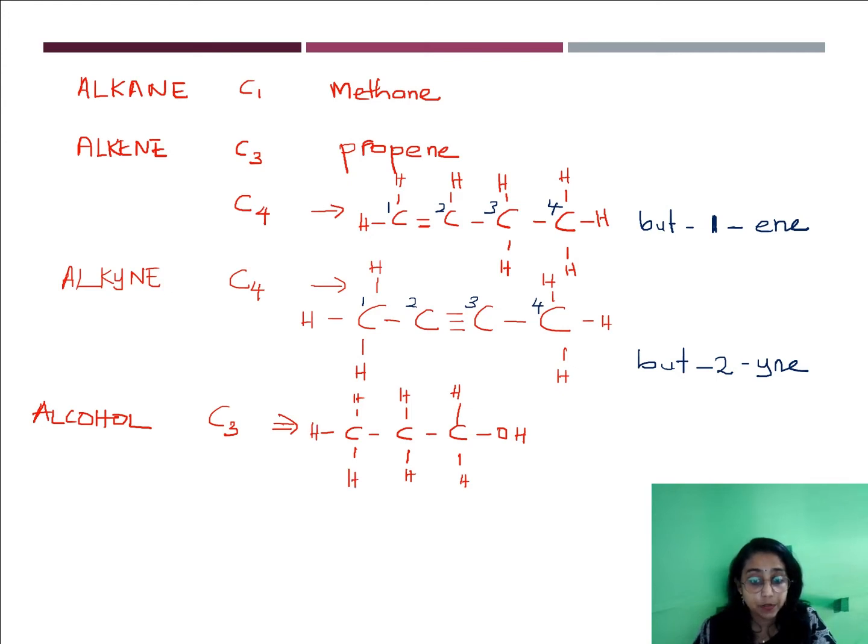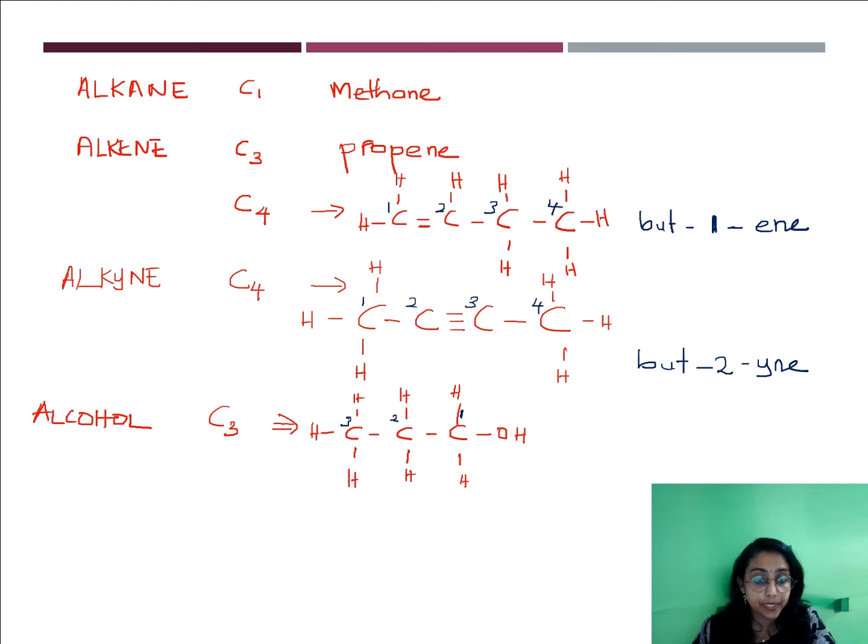So now we have to do the numbering as well, and make sure for the location of the functional group we give the smallest number, so the numbering will start from this end, 1, 2, 3. Same concept for alcohol, we have to specify the location of the OH, which is the GPS location for this functional group, determined based on the number of the carbon where the OH is attached.